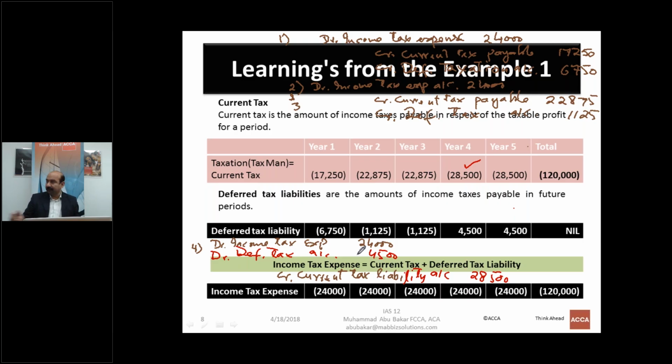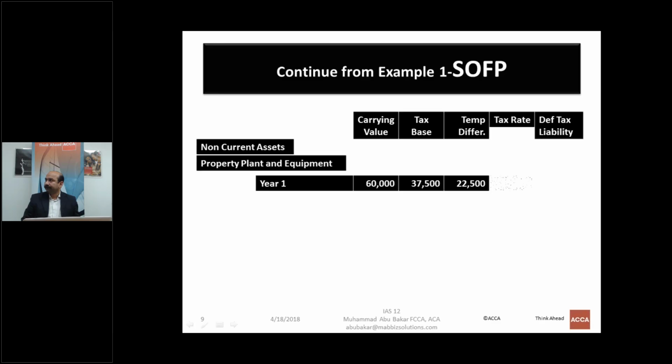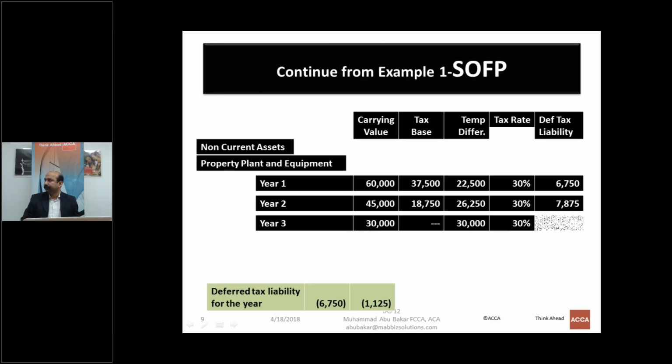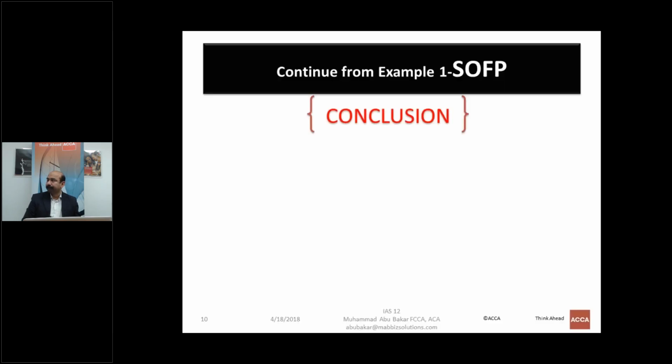What are the learnings from all this discussion? So the conclusion is here: the statement of financial position gives us the cumulative deferred tax position.